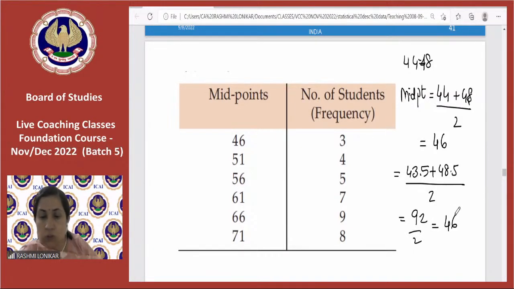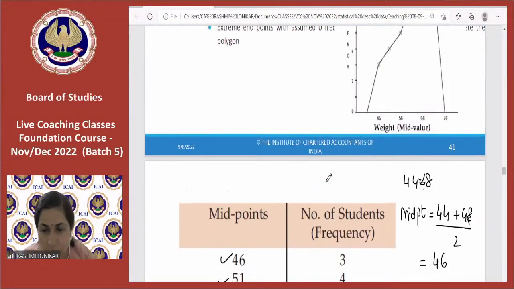So this will give me the midpoint. So these midpoints, where did I get them? 46, then 51, then 56, and so on. And I'm writing the frequency here.